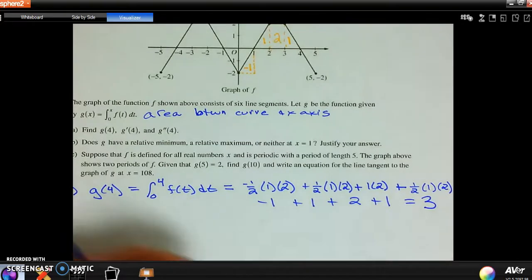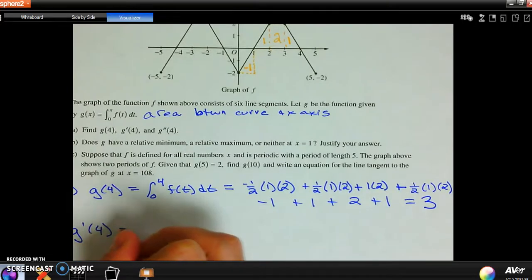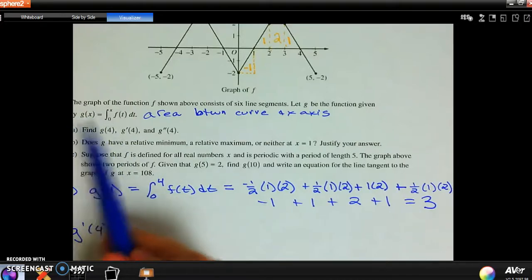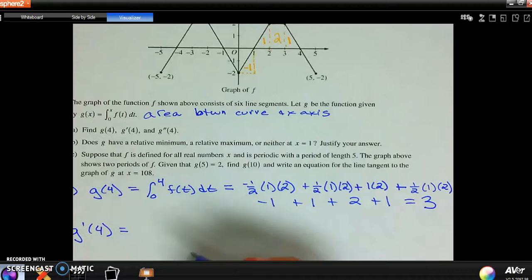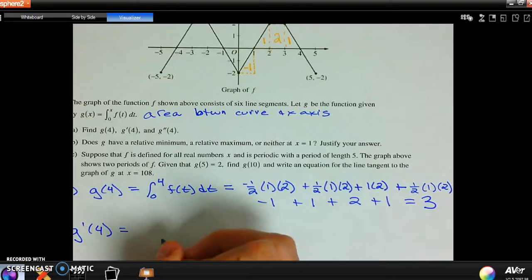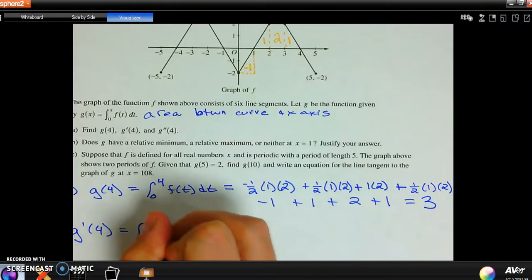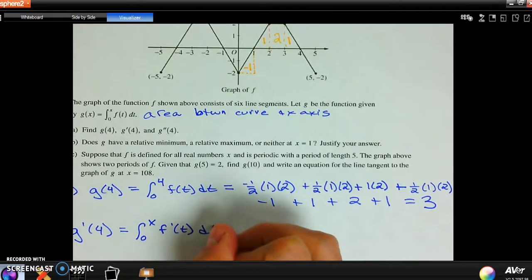And still in part A, but now I'm going to try to find g prime of 4. Okay, so if I'm trying to find g prime, that means I'm taking the derivative of this. Well, what happens there? If you were writing it, I'd say this, and it'll be the derivative like that, dt.